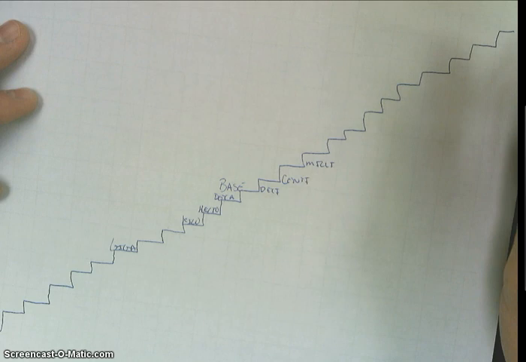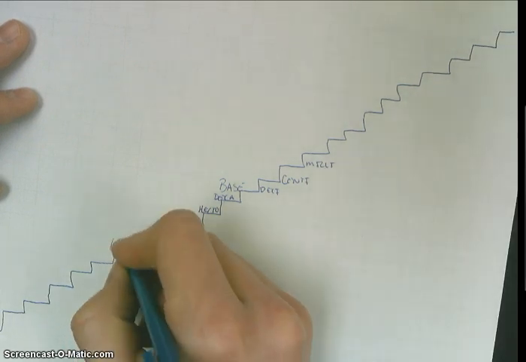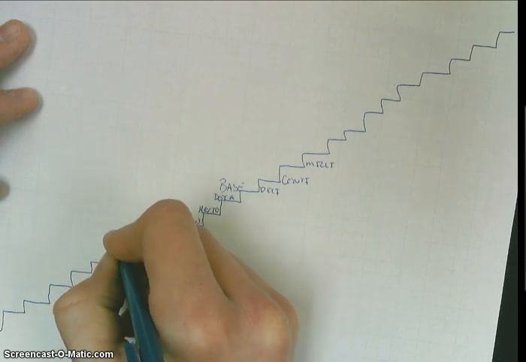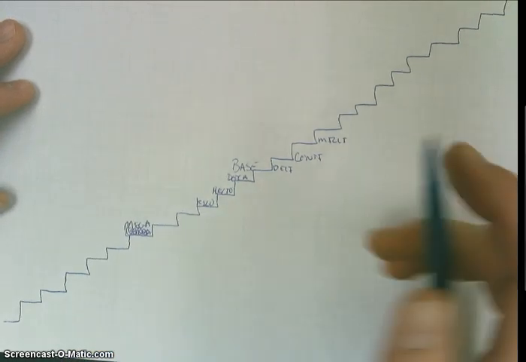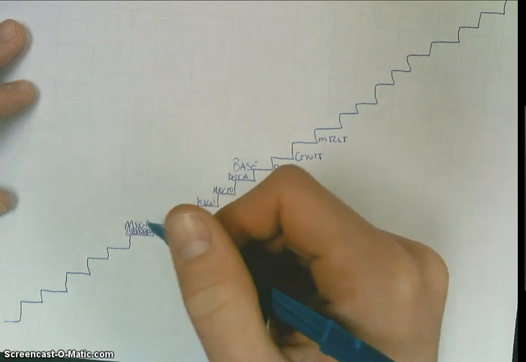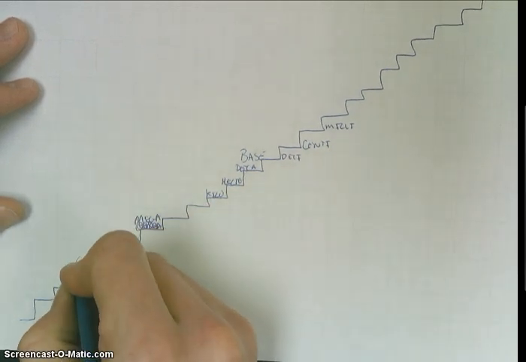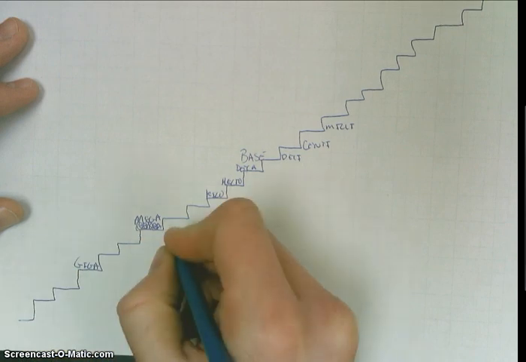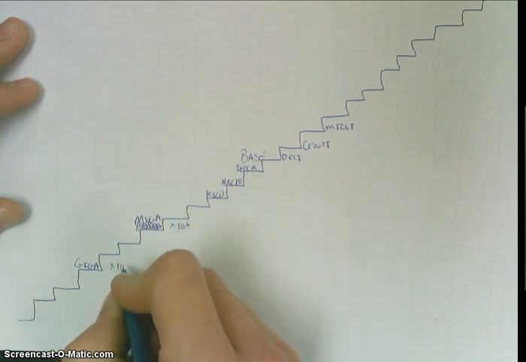Okay, and then those of you that are familiar with computers, if we go further than that, computer people know we go to gigabyte. 1, 2, 3. Again, mega is times 10 to the 6, giga is times 10 to the 9.